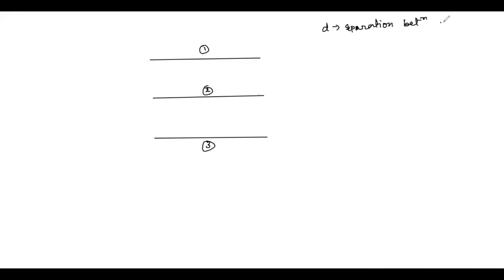We assume that the separation between all these three metal plates, 1, 2, 3, is D. So D is the separation between each metal plate.